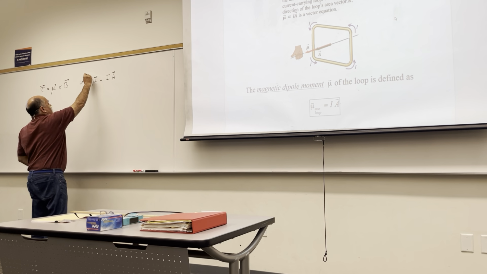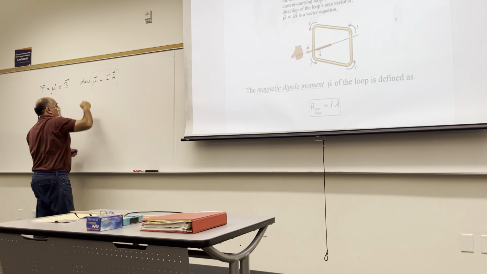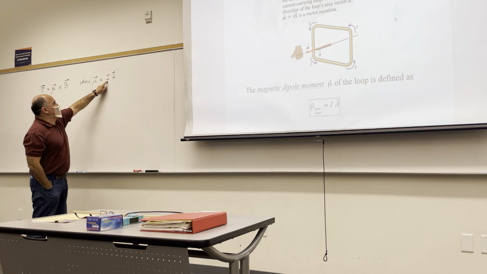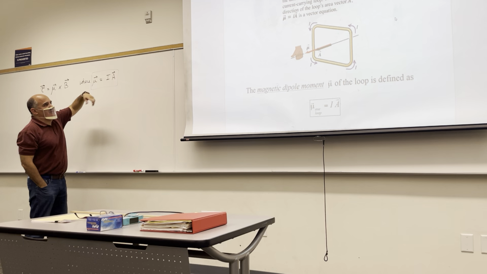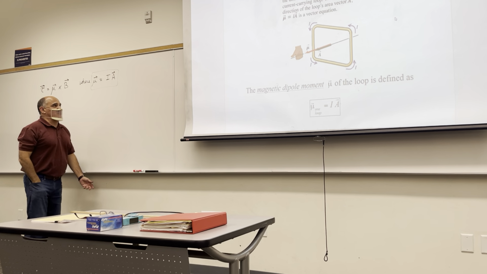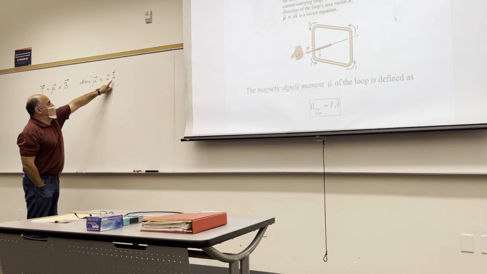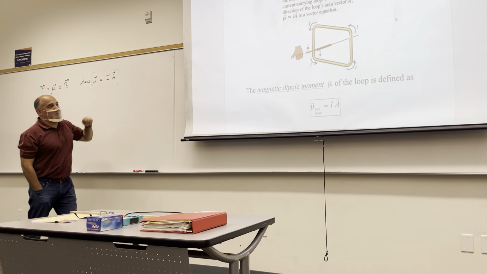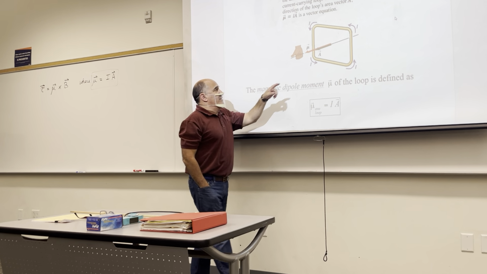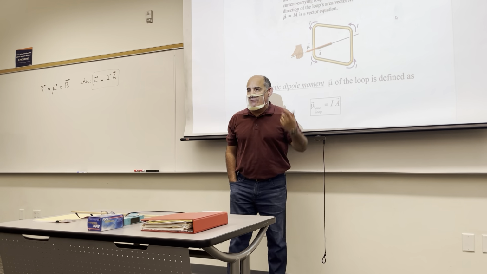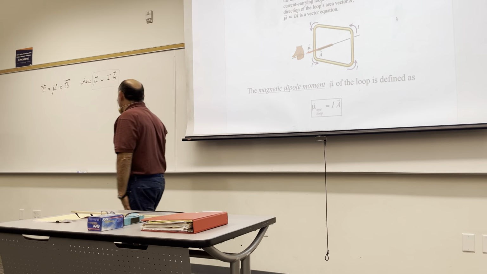So, from the mathematics point of view, this is a scalar quantity which is positive, so many amps, 3 amps, 5 amps, 7 amps, 30 amps, whatever that is, 2 milliamps, whatever that is. And so this vector here has to point in the same direction as the area vector. So the arrow indicating the direction of the magnetic dipole moment vector is in the same direction as the direction of the area vector.